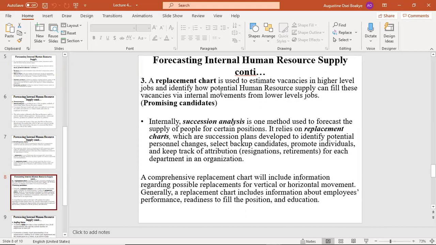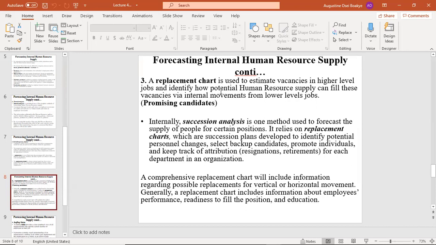So generally, a replacement chart includes information about employees' performance, readiness to fill the position, and education, so their educational background. Now, this means that if you've not been conducting performance appraisals periodically, and you do not also have an updated job analysis outcome, then it will be very difficult for you to develop this replacement chart.